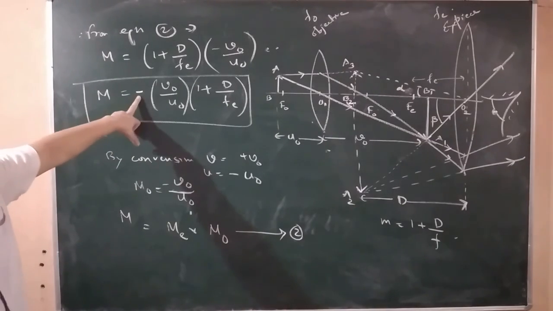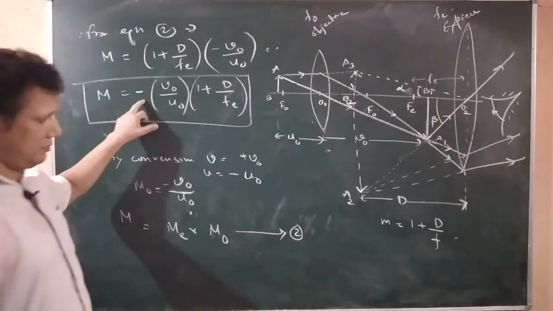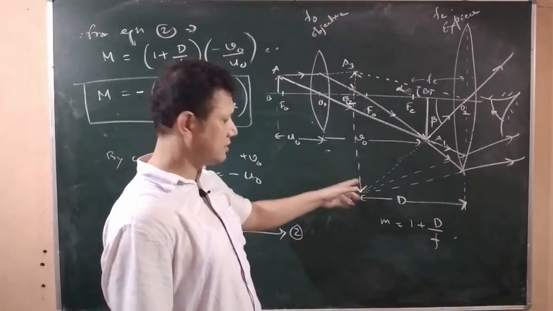The negative sign here signifies that with respect to the object, the final image is inverted.